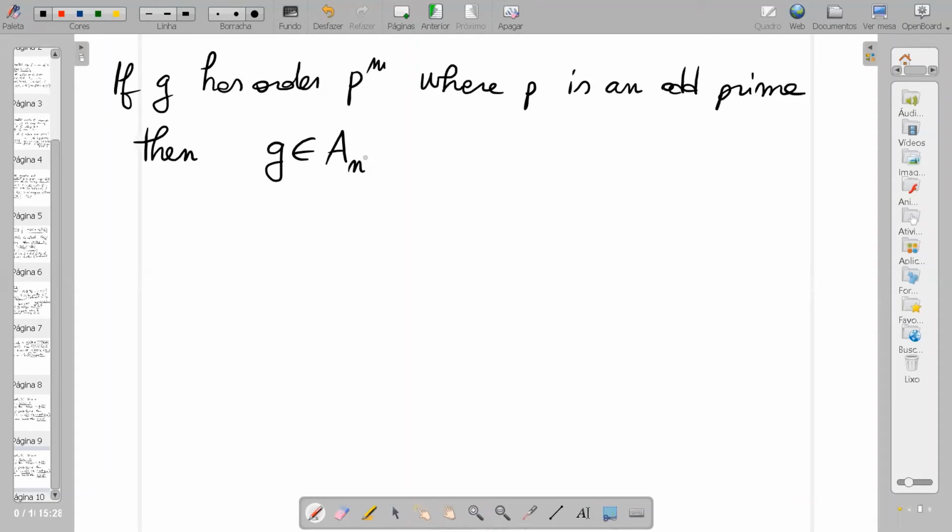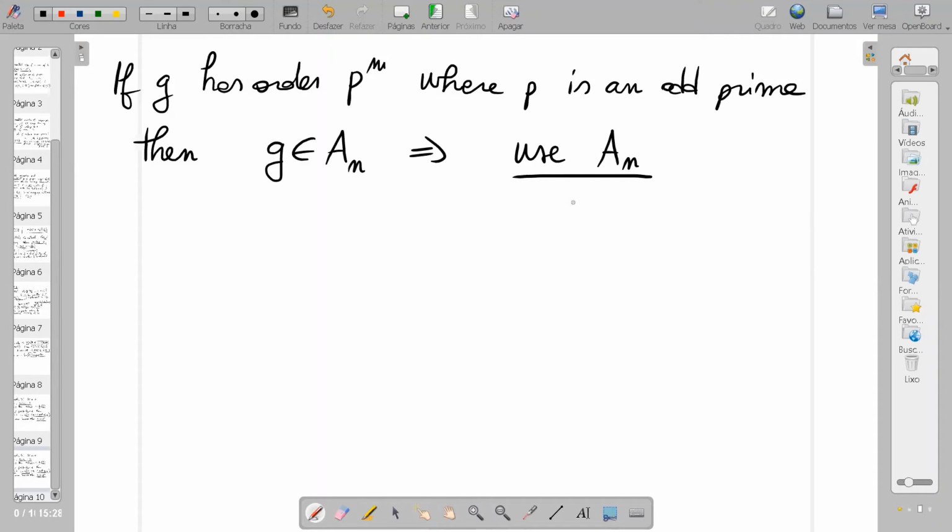Because G will be a product of cycles of p-power length, they will all be even permutations. All these cycles will belong to A_n, so G will belong to A_n.